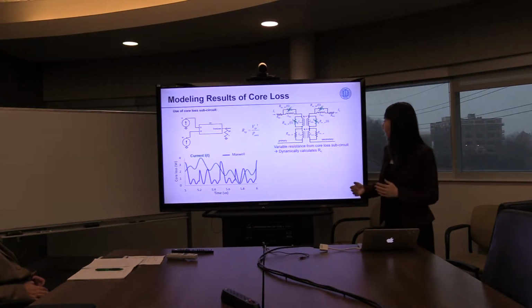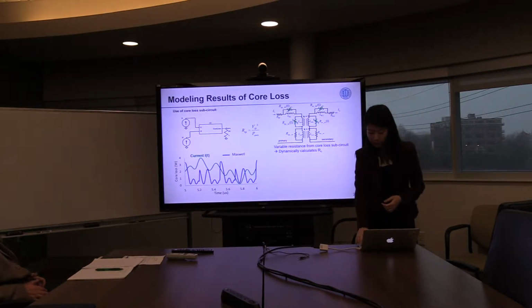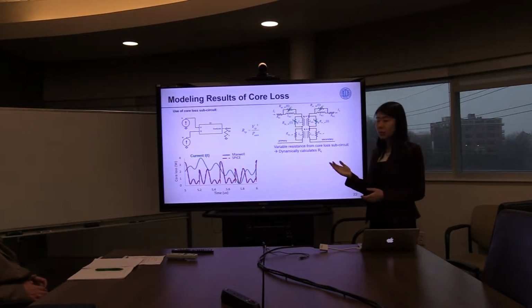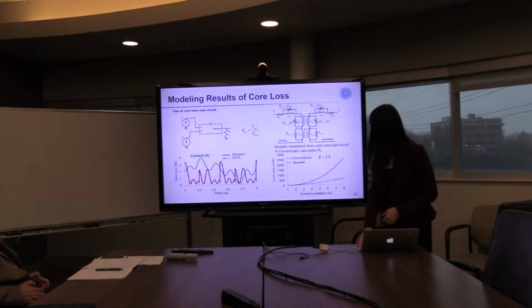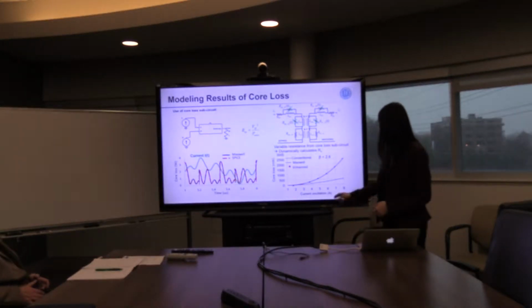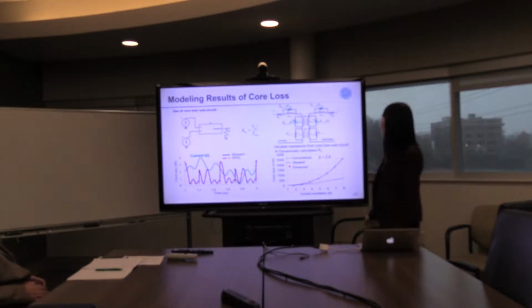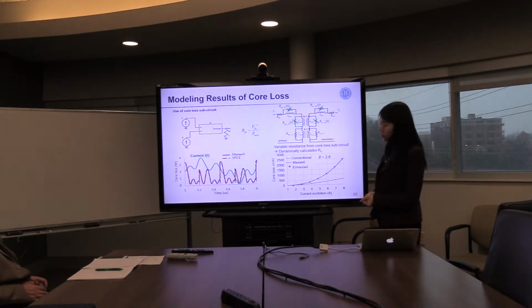So for an arbitrary current excitation, we can simulate the core loss pretty accurately in the time domain, so that we can track how the core loss changes when the input current changes. And for the nonlinear core loss, we are able to capture the core loss changing with current excitation level without the need to readjust the parameter values.